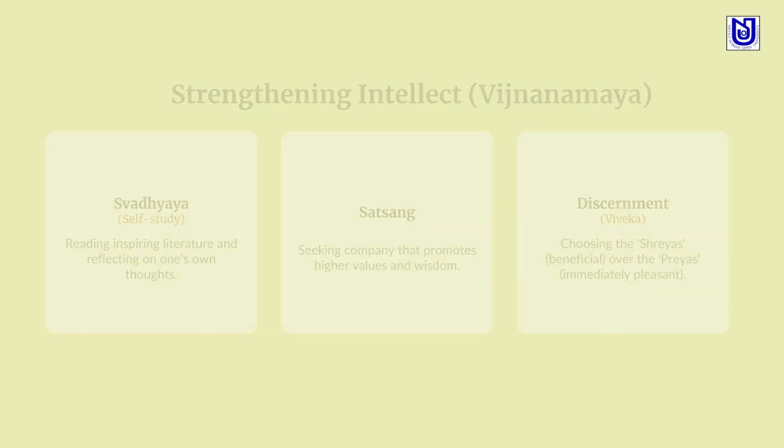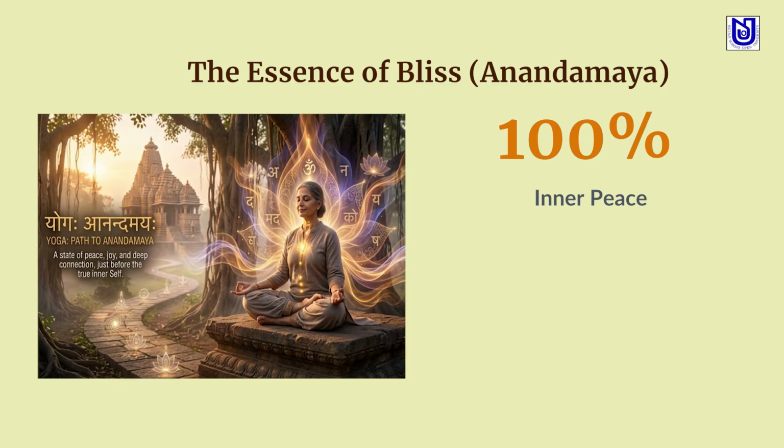Vijnanamaya Kosha. And finally, the essence of bliss, the Anandamaya Kosha, is best balanced through the practice of Santosha or contentment. It is a niyama in its own right. The practice most directly oriented towards the Anandamaya Kosha, the sheath of stillness, peace and inner bliss. This practice is conducive to inner peace, a brief daily gratitude practice, that is, naming what is already sufficient for us.